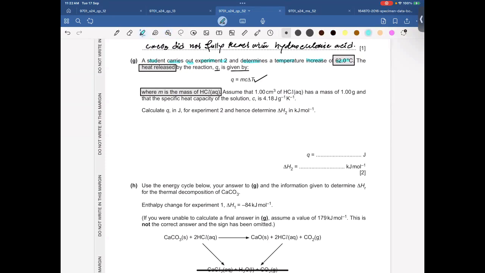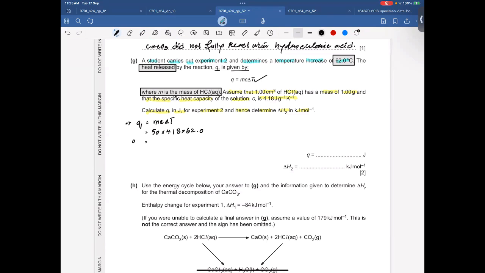Assume that 1 cm cube of HCl has a mass of 1 gram, and that the specific heat capacity of the solution is 4.18. Calculate Q in joules for experiment 2, and hence determine delta H2 in kilojoules per mole. So yes, I can calculate Q equals mc delta T. m was 50, the specific heat capacity is 4.18, and the temperature change is 62.0.